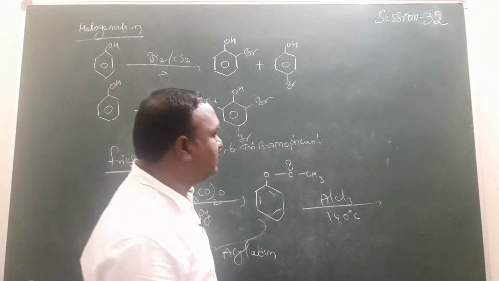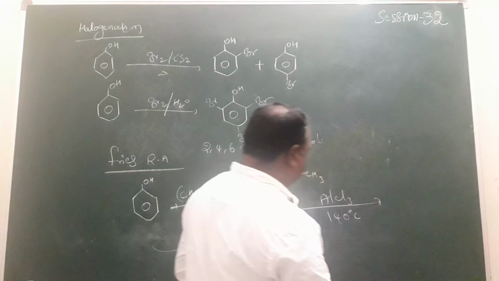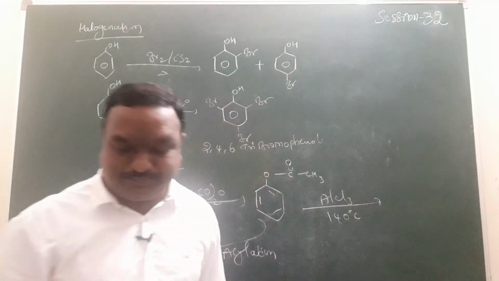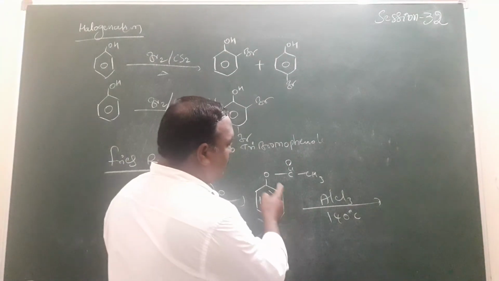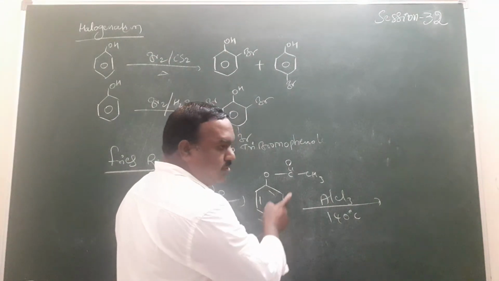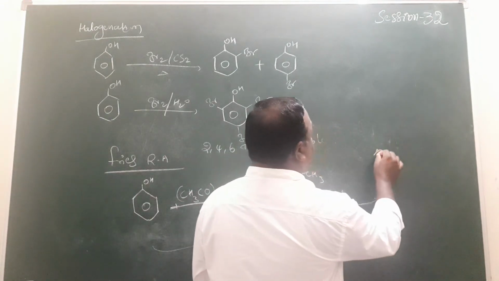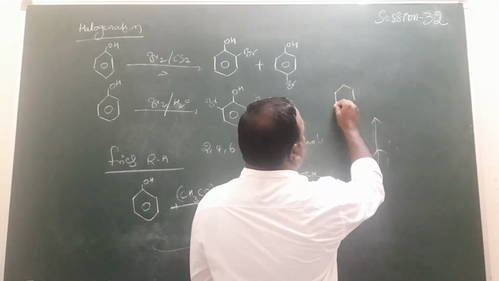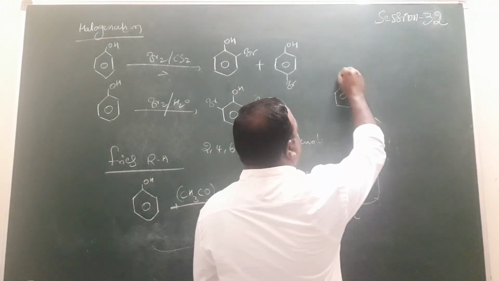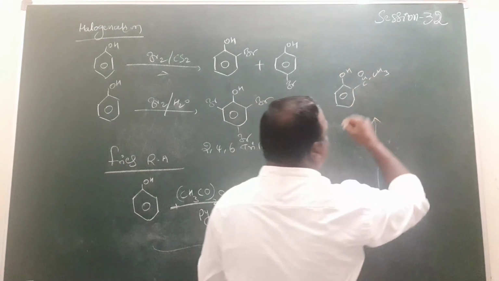Rearrangement is possible. So what type of product is possible here? The ortho and para hydrogens are replaced in this reaction. If the ortho hydrogen is replaced, we form ortho-hydroxy acetophenone.